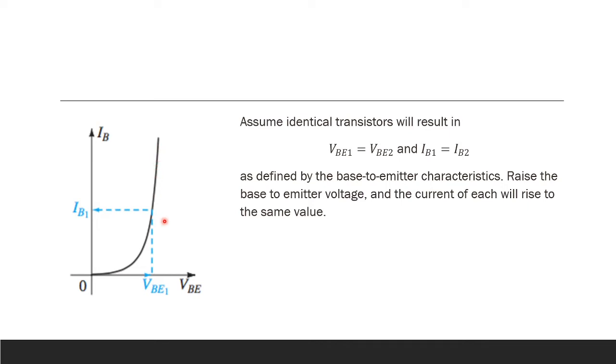Ayun. So, kung ganito pala at similar yung Q1 natin sa Q2 natin, then kung merong voltage drop doon sa mga transistors natin, kapag parehas sila ng value, then dapat parehas din sila ng input current.